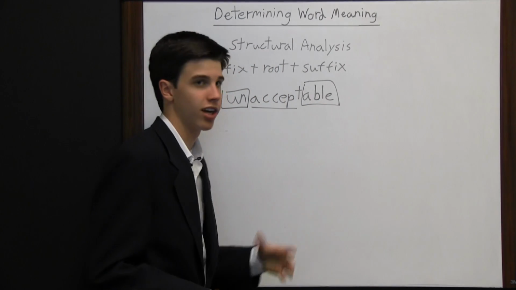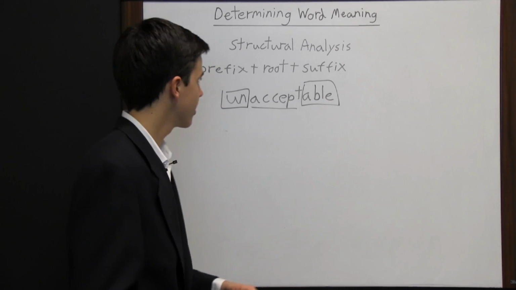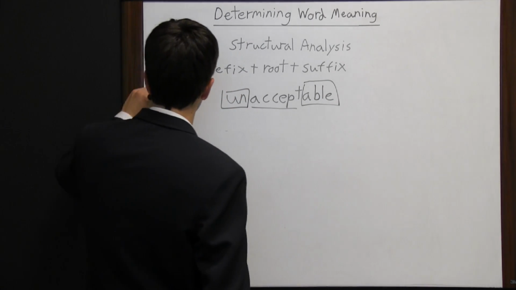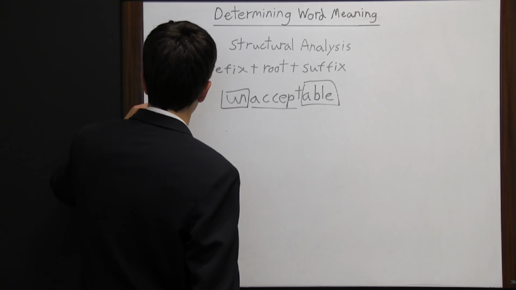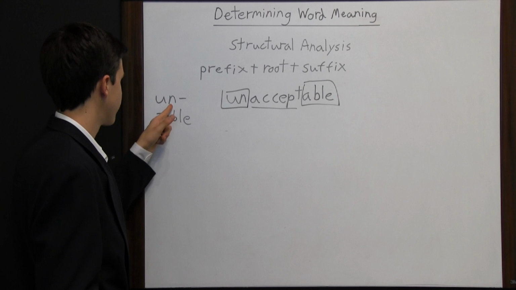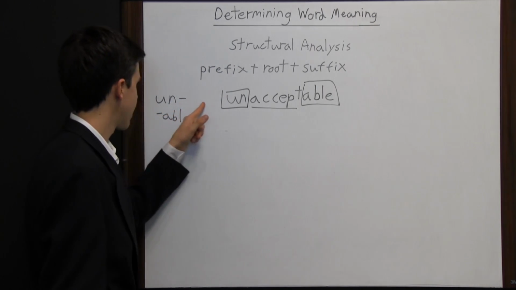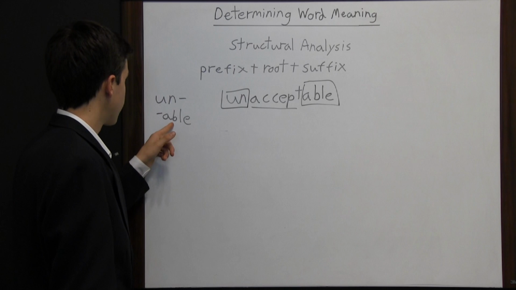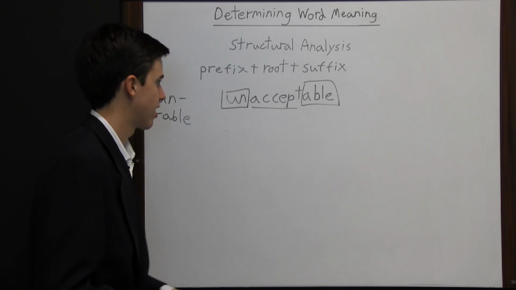I understand that able can also stand alone and is a word, but in this case it's a suffix. So if you saw un or able written by themselves, you would see it written like this. That's because the dash represents the word. So here, since un is a prefix, the word comes after the prefix. And here with able, the word comes before able because able is the suffix.